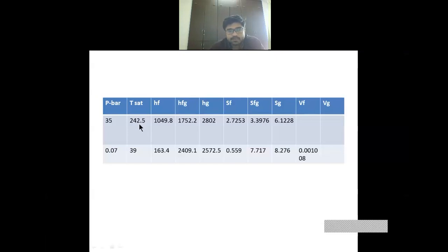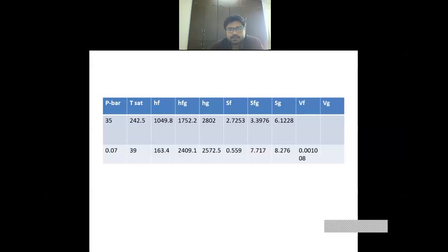So on the basis of that also you can find all the data by use of the steam table, which you have studied in EME. If you are still not comfortable, or you are finding difficulty in taking data from the steam table, you can contact me. Clear? So first of all you have to draw the table.